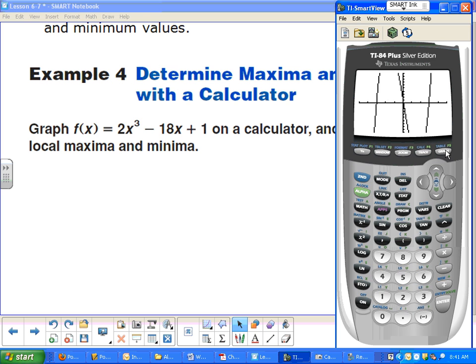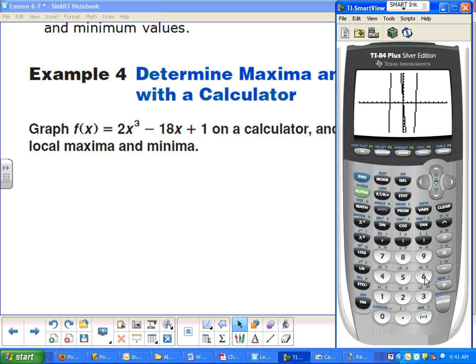Now, in our typical standard viewing window that we use most of the time, unfortunately, we can't see the max or the min. So what do I need to do so I can see them?